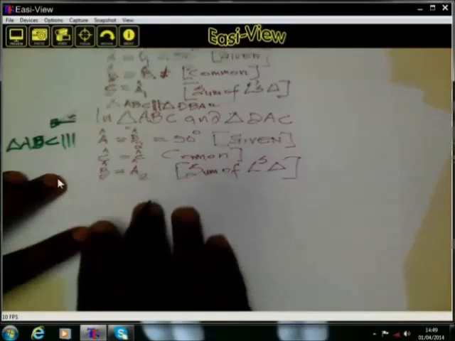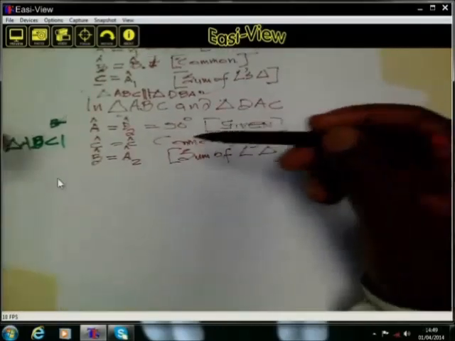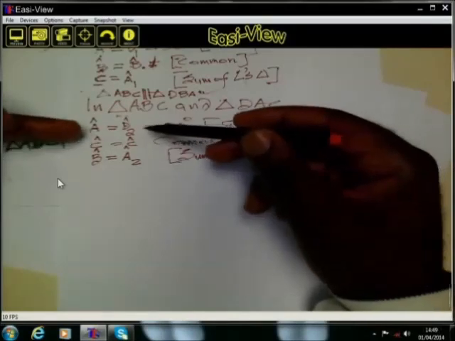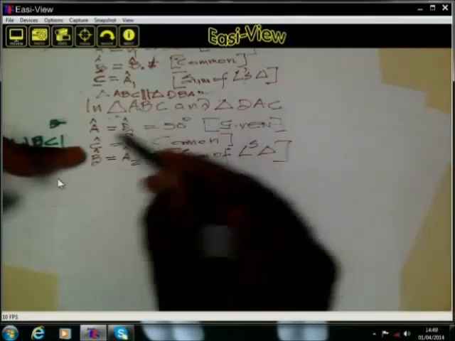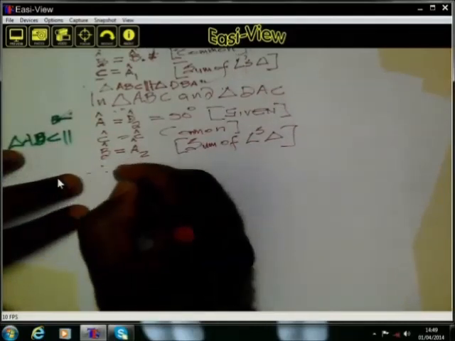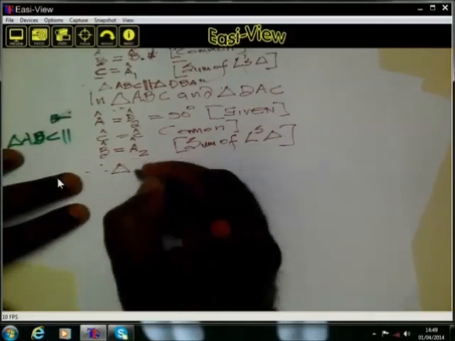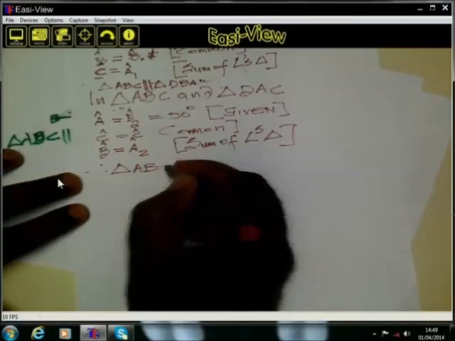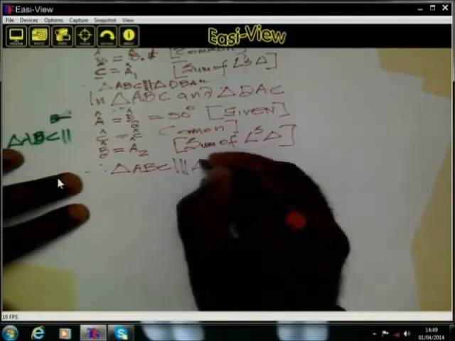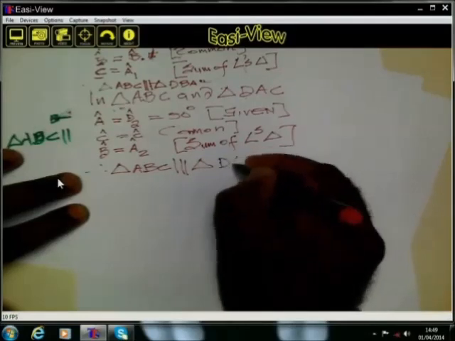Now, in essence, good people, we have proven that 3 pairs or 3 angles from each of the triangles mentioned here are equal. So it is because of that that we can conclude by saying triangle ABC is also similar to triangle DAC.